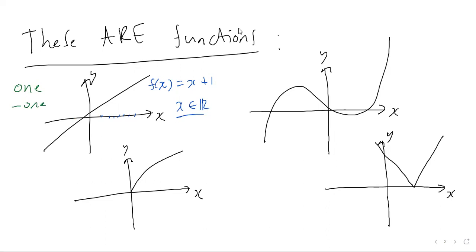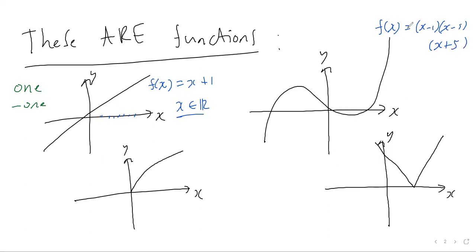Now, how about this one? Again, this is a function, and we can tell that because every input gives us one output. And in fact, this could be something like f of x equals, let's just say, x minus 1 times x minus 5 times x plus 5.